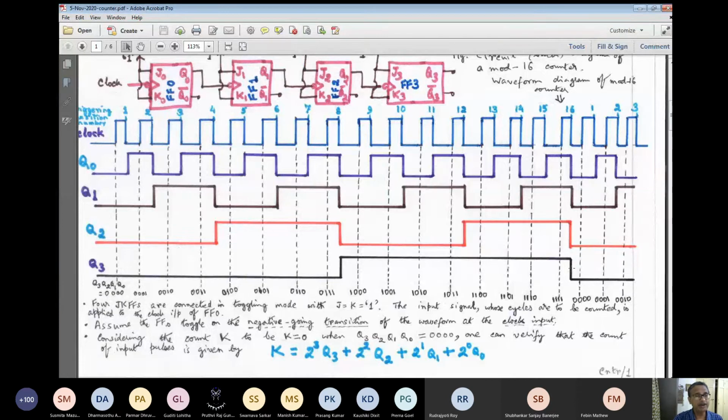So it depends on the propagation delay of the flip-flops, and on what does the propagation delay depend? We have studied earlier that in a master-slave JK flip-flop, the signal starts from the very leftmost end and travels through a number of NAND gates. So you can add up the propagation delays of the NAND gates.